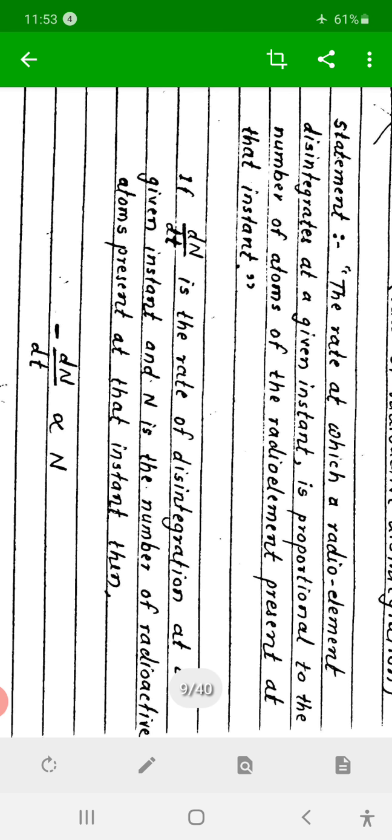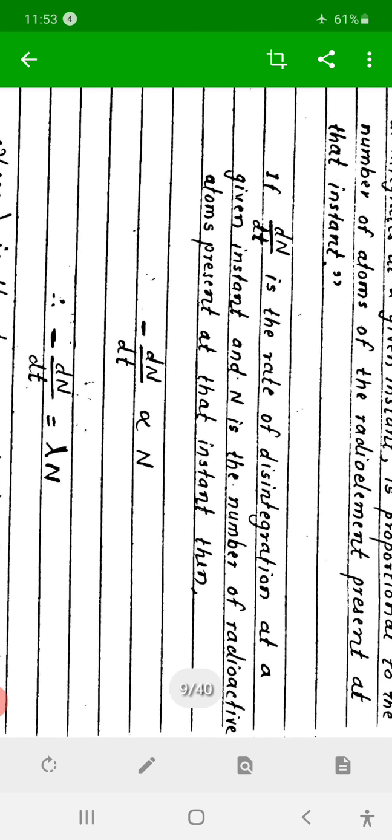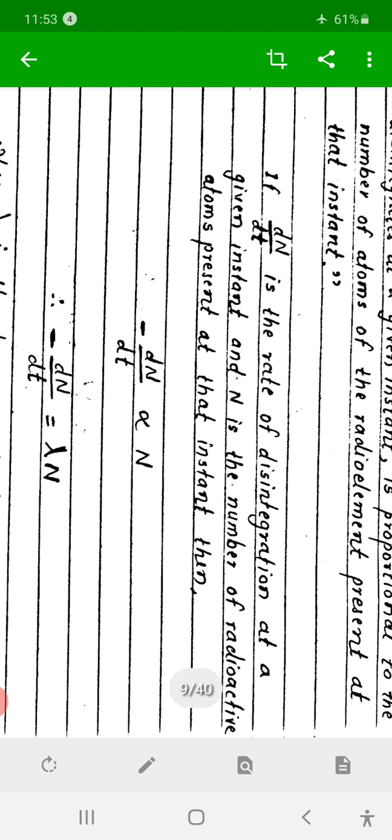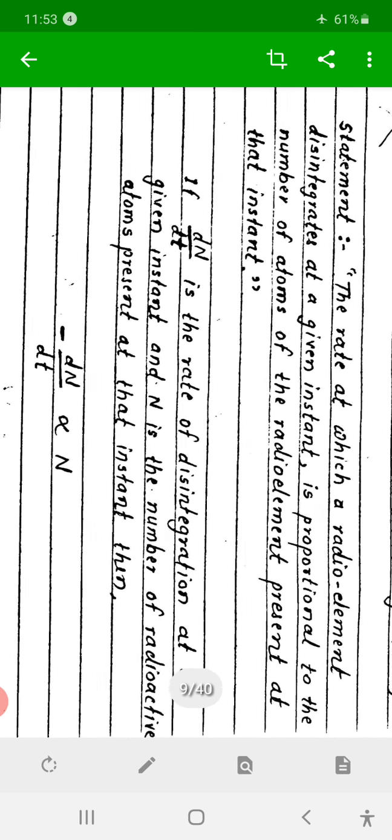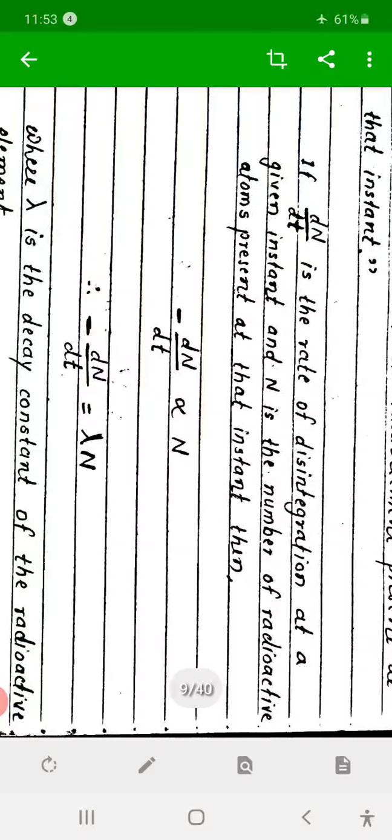if dN by dt is the rate of disintegration at a given instant of time and N is the number of radioactive atoms present at that instant, then we write this law of disintegration in mathematical form as minus dN by dt is directly proportional to N, where minus dN by dt is the rate of disintegration.